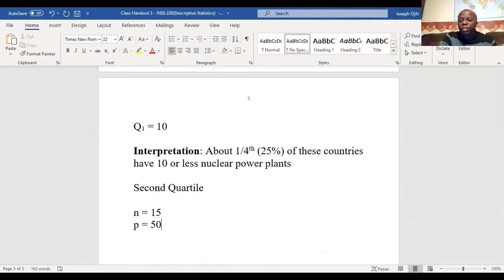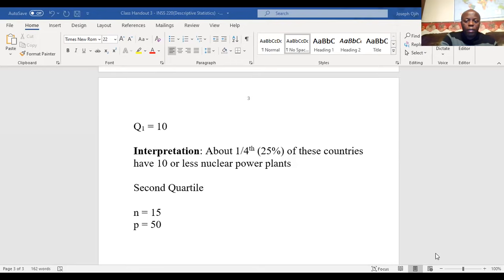So we put in 50. Now let's go to our other workbook and do the calculations.